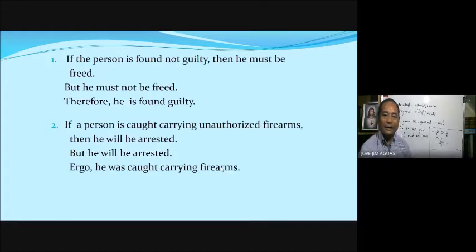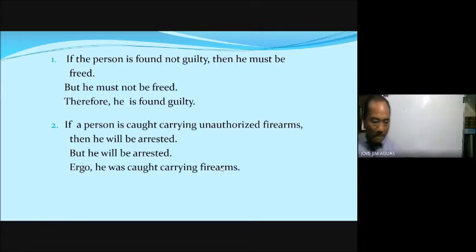All right. Now let's answer this exercise. Let's draw the pattern here. If the person is found not guilty, then he must be freed. But he must not be freed, therefore he is found guilty. So it will be P, found not guilty.